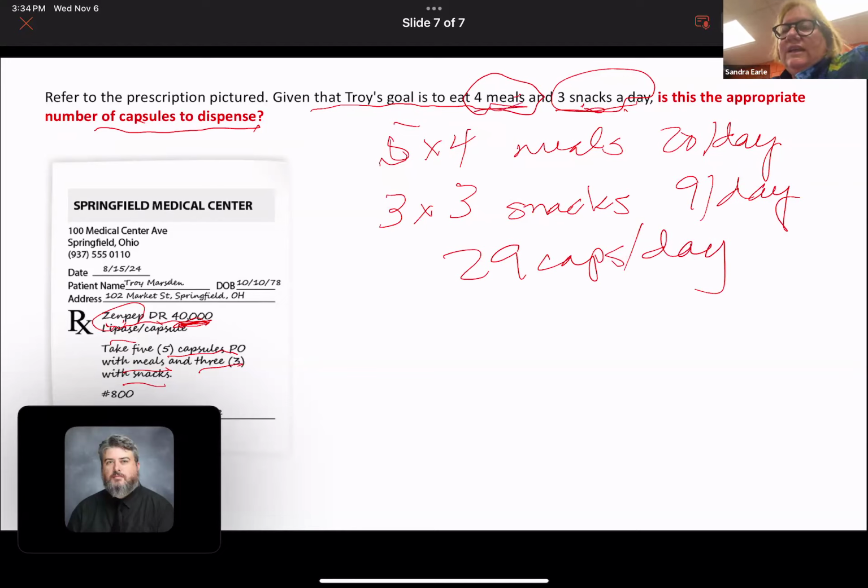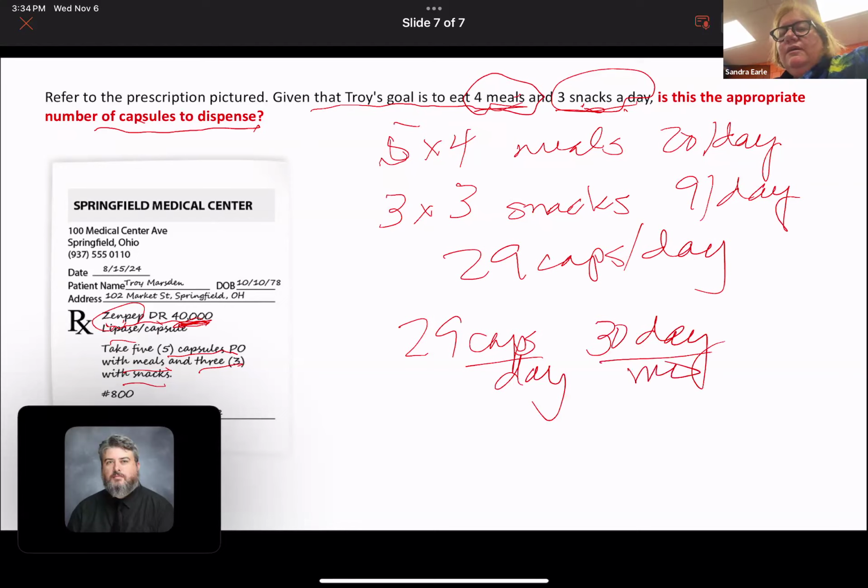So if there's 29 caps per day, and there's 30 days in an average month, and we're dispensing a monthly quantity, we're going to do 29 times 30.